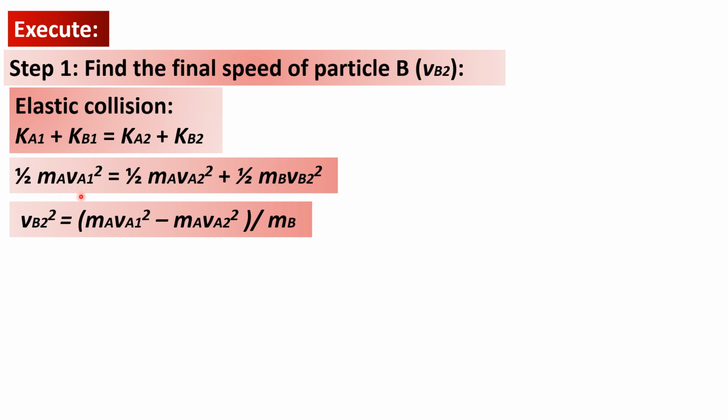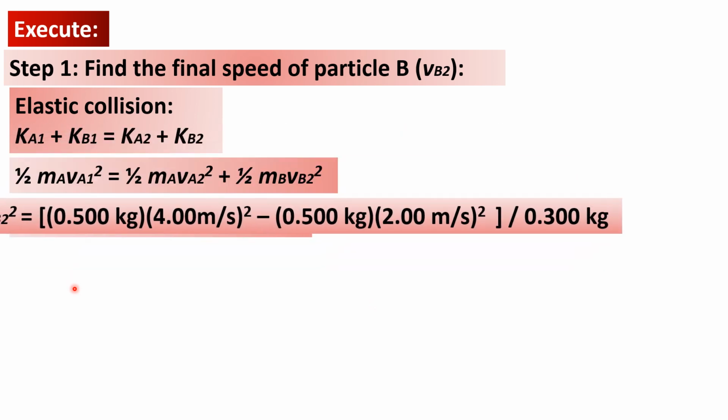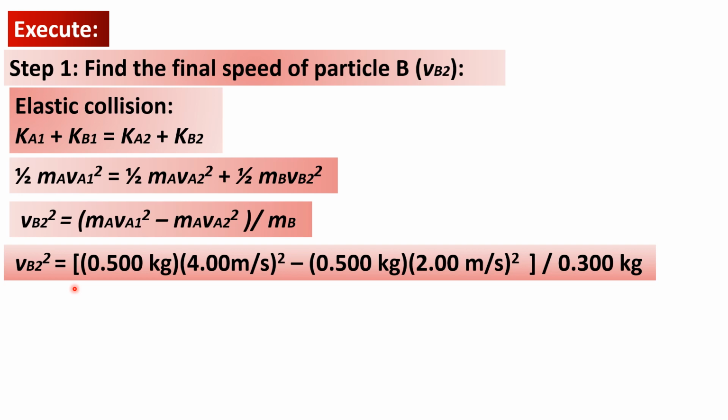So what we have here is v_B2 squared equal to m_A v_A1 squared minus m_A v_A2 squared, to be divided by the mass of particle B. The next step is to substitute each of the given quantities.